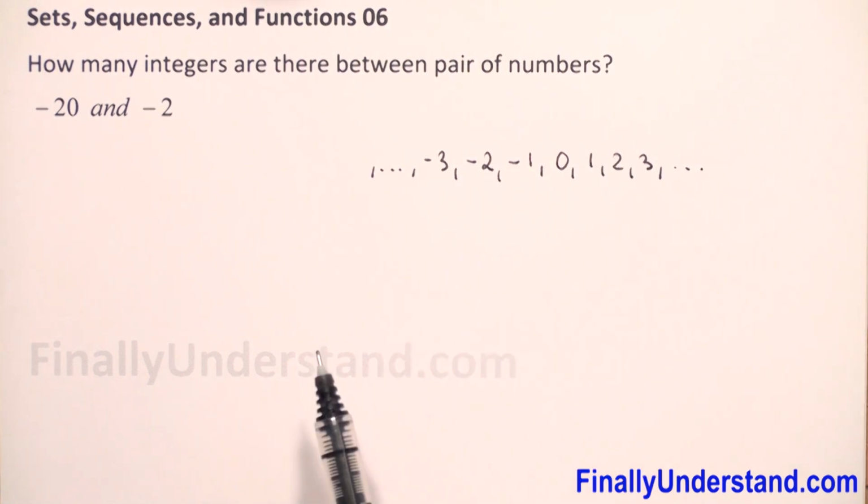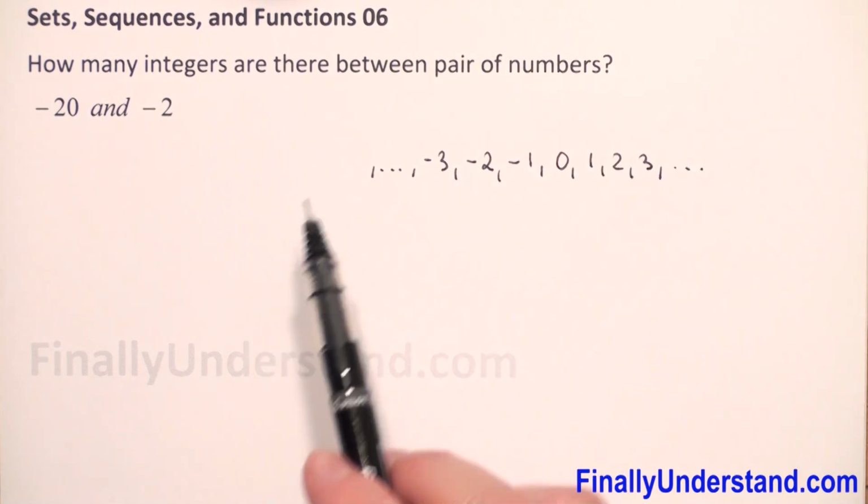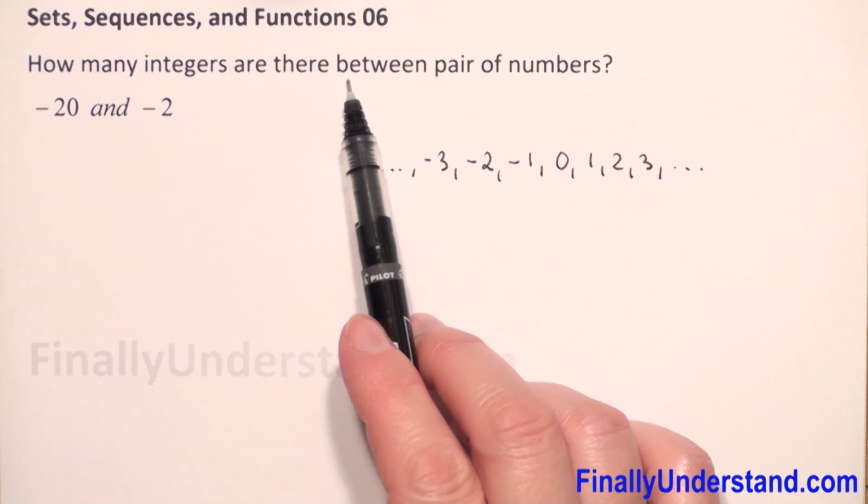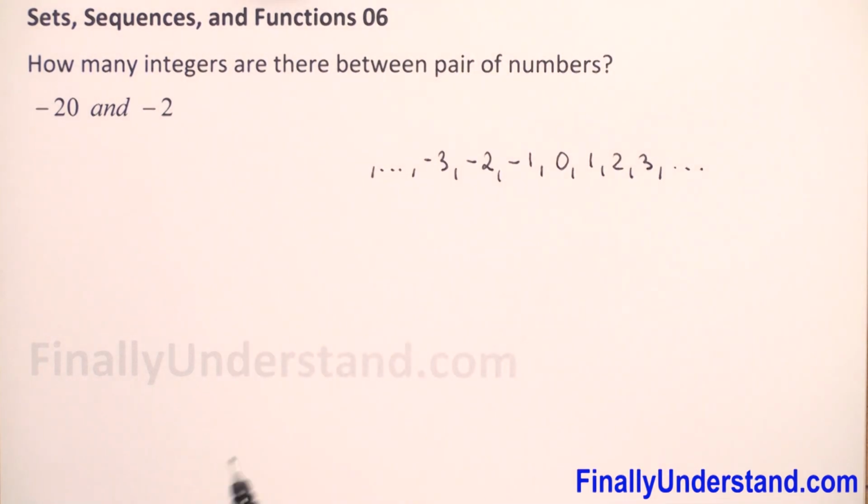When we have to find all integers and we have the word between, it means we have to include both ends of the range. We can always list all these numbers and count them, but we have a formula.